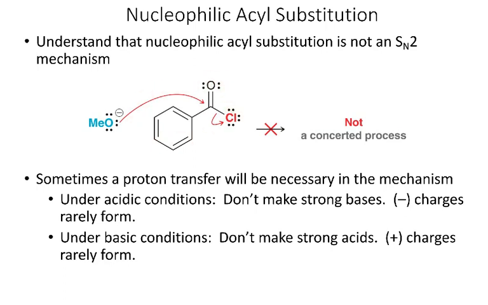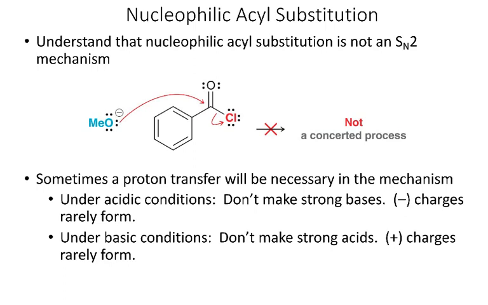Now, as I mentioned, what can make these mechanisms different is when we have different reagents and different substrates, it may be necessary to have proton transfer steps. And one of the main things that we're going to be worried about for these proton transfer steps is that we don't form inappropriate acids or bases depending on the conditions that we have.